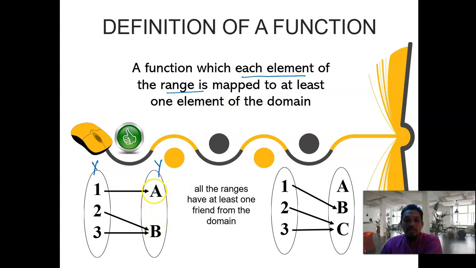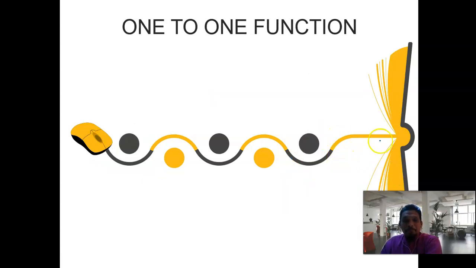So there is no element in y that is not being mapped by an element from x. In this case, A is not being mapped from any element of x. Okay, so this is not it.